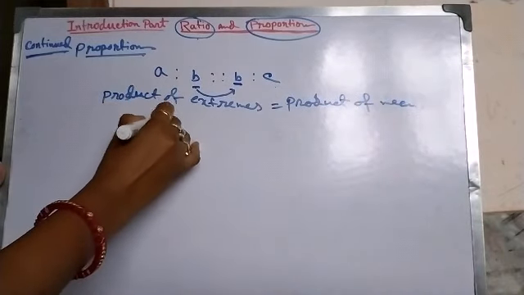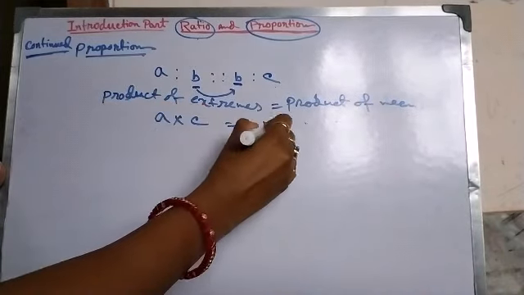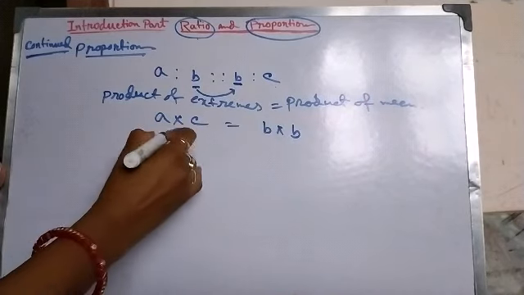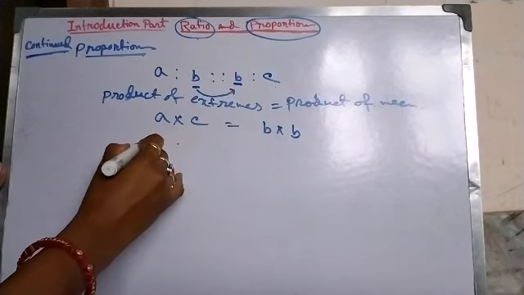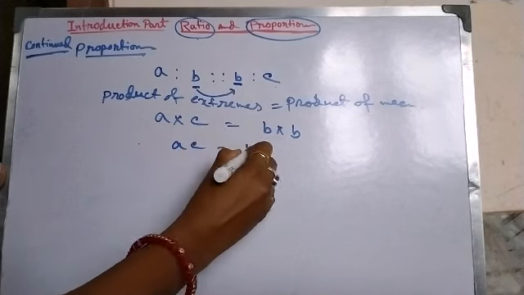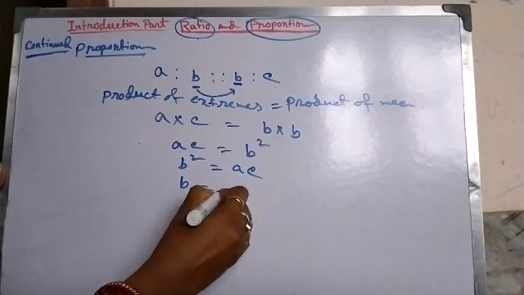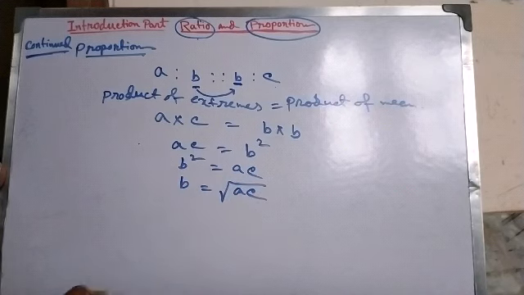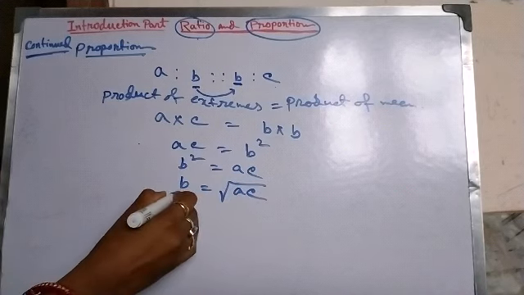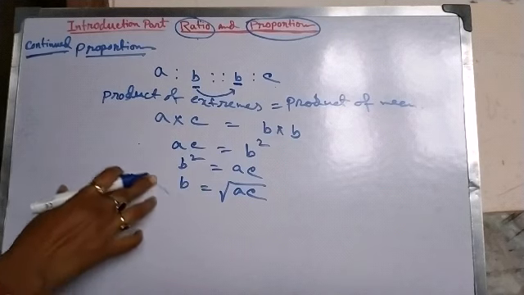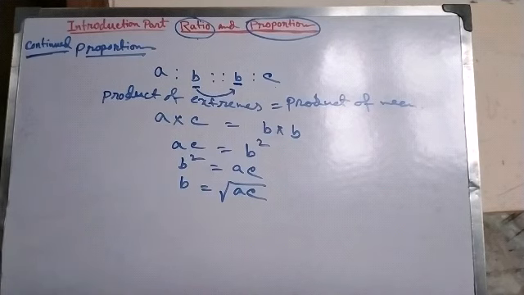So product of extremes means A into C equal to B into B. That means AC equal to B square. That means B square equal to AC. So B equal to root over of AC. Then we can find out the value of B. That means this is the mean term. So this is the process to find out the value of B.